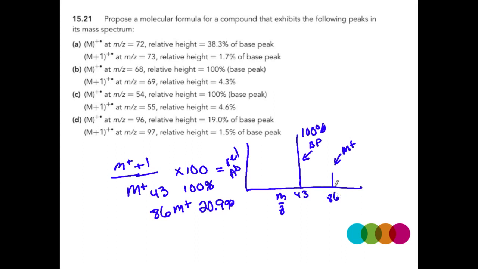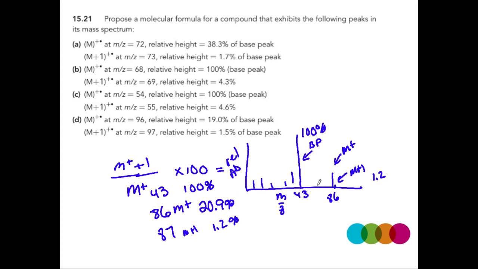So at 87, I have this little bitty peak, and that is my M+1 peak. My M+1 peak in this case is 1.2% as high as the base peak. And then I have some other peaks here.